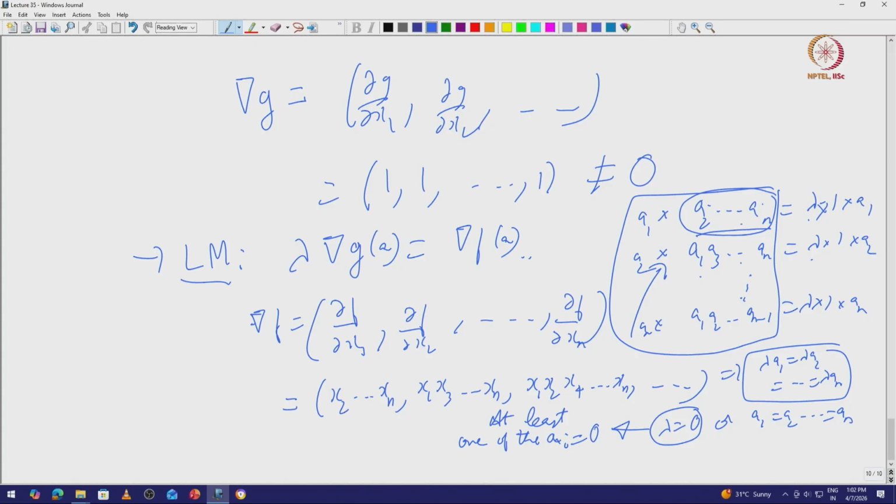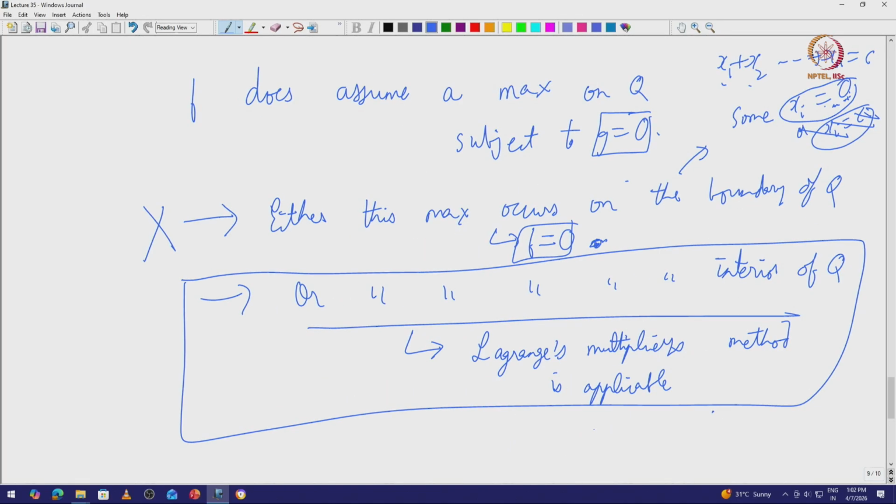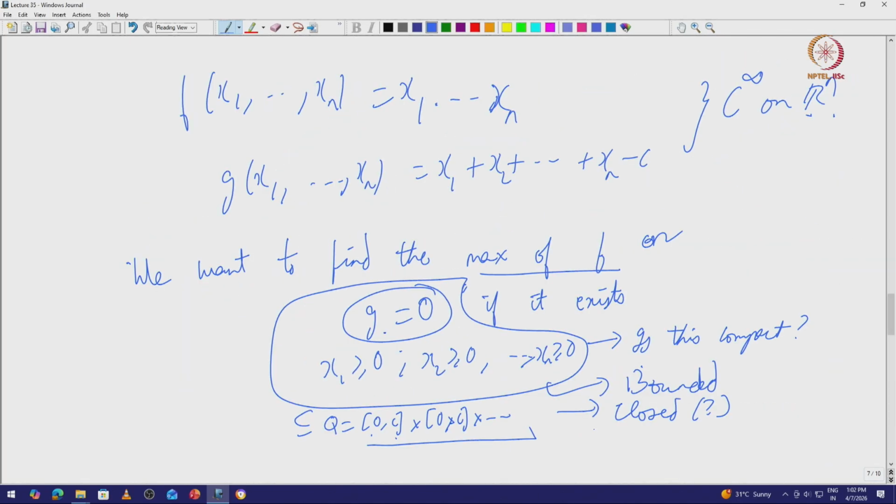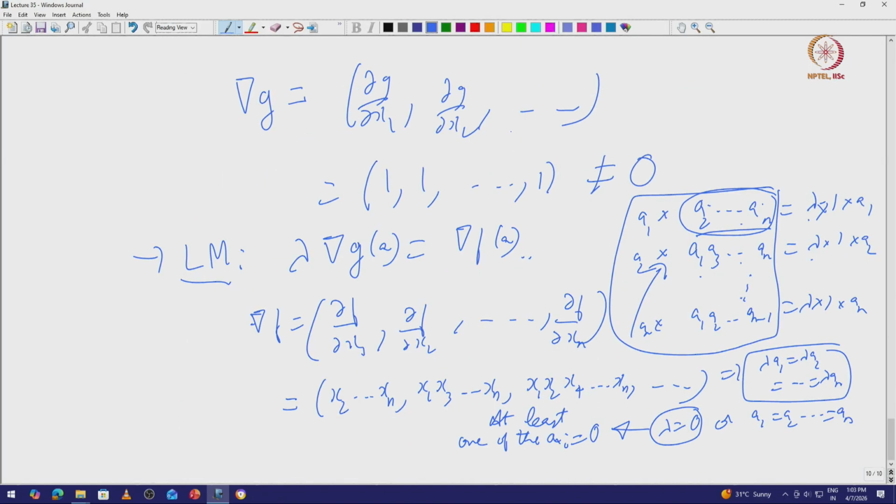But if even one of them is 0, what is the value of f? What is f again? F is the product of all of them, so it is 0, which is certainly not the maximum. So this is irrelevant for us. It's possible, but it's irrelevant.